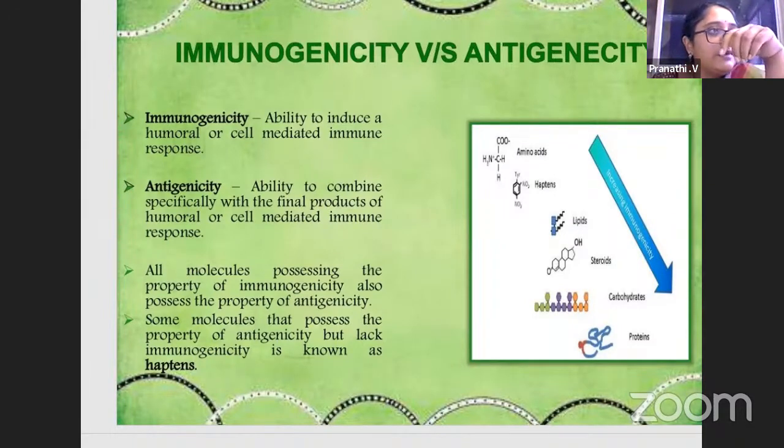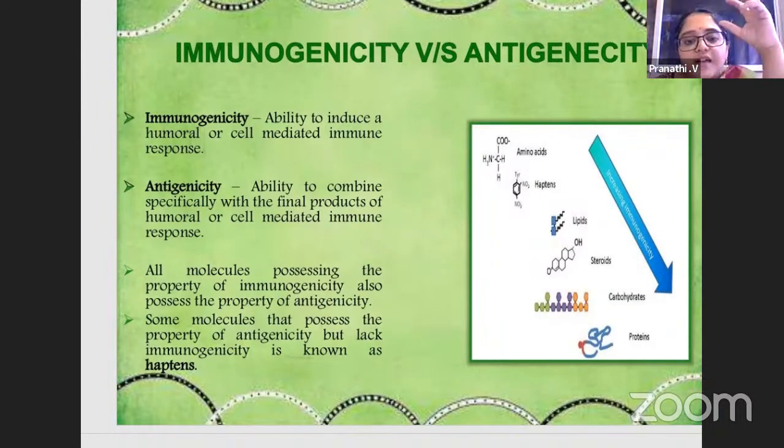So anything can be an antigen, but it should trigger the immune response within the body so that it produces different kinds of antibodies. That is when it is known as antigenicity or immunogenicity.